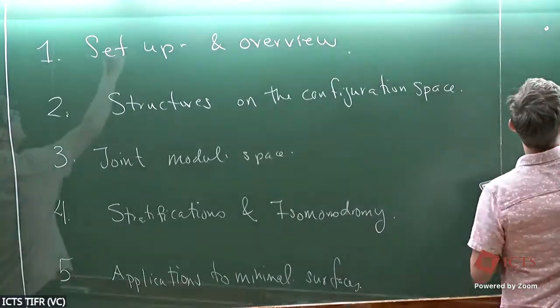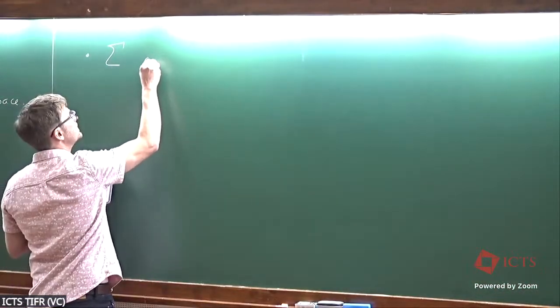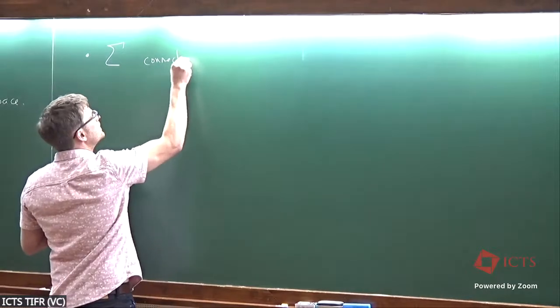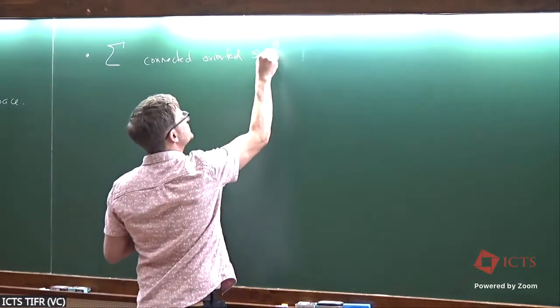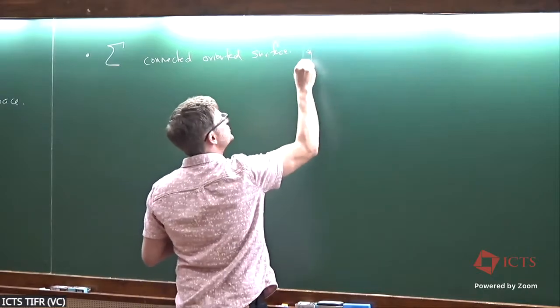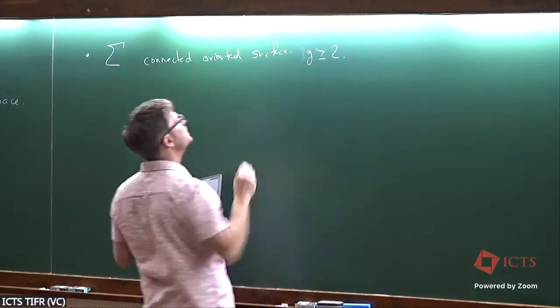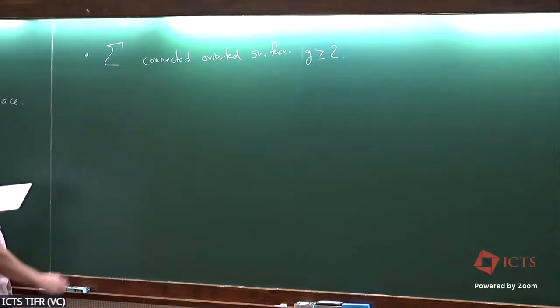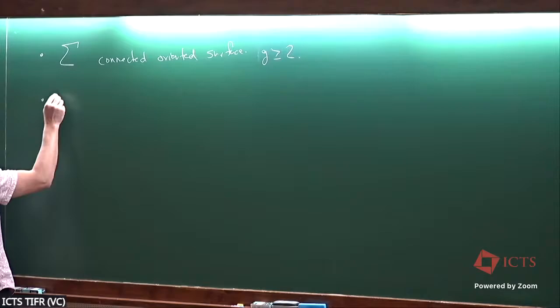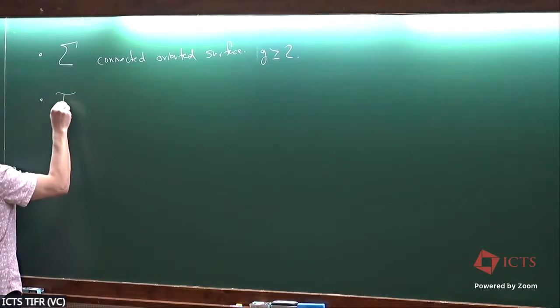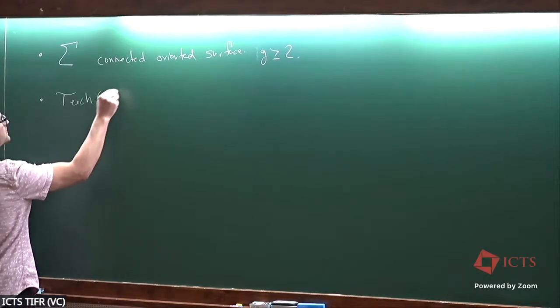So let me fix some mathematical objects to start. Main players: Sigma is going to be a connected oriented topological surface, and its genus is going to be at least 2. And associated to this topological surface, there's going to be an important space called the Teichmüller space of Sigma.